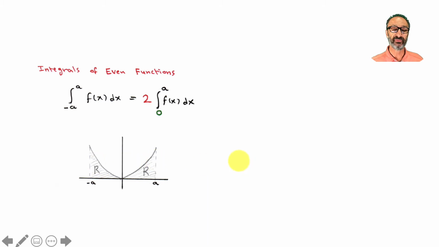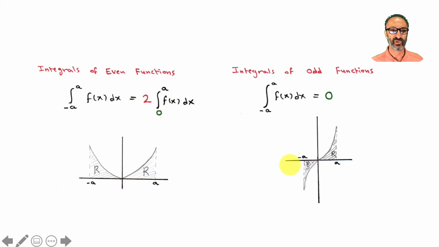What about odd functions? If you graph an odd function and look at the area, it's on both sides of the x-axis. If you're above the x-axis, you're going to get a positive integral value when you integrate. Remember base times height for the Riemann sum? Here the heights are not up, they're down.